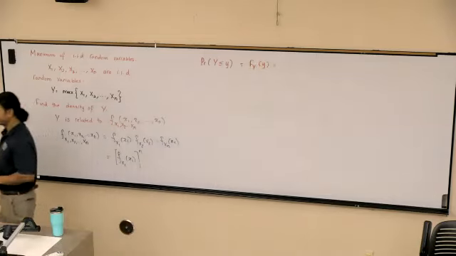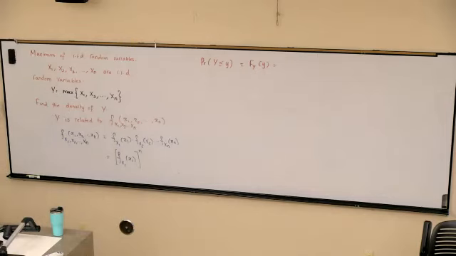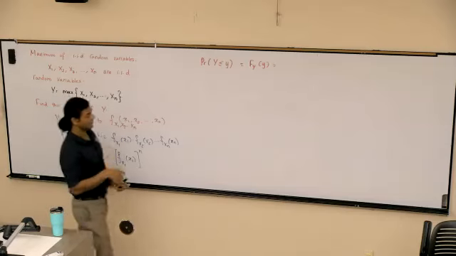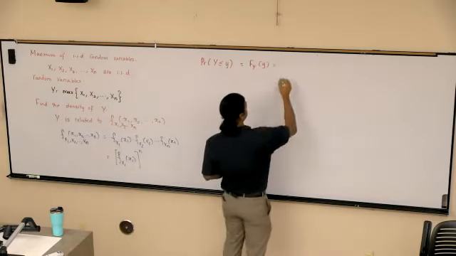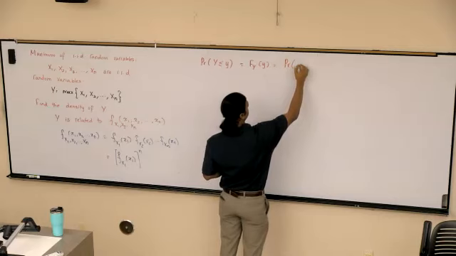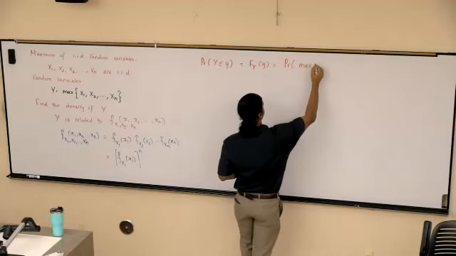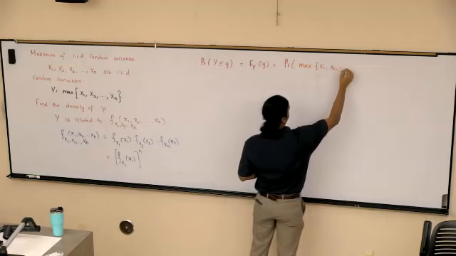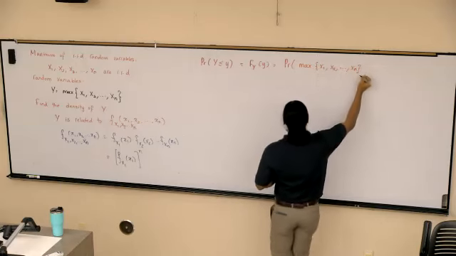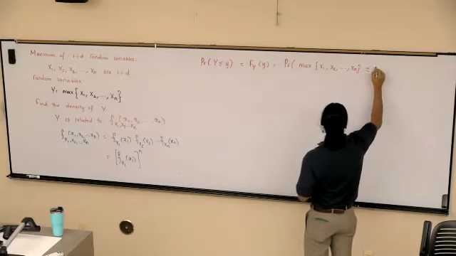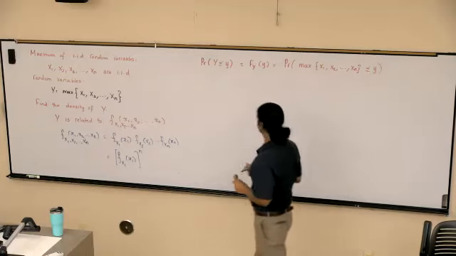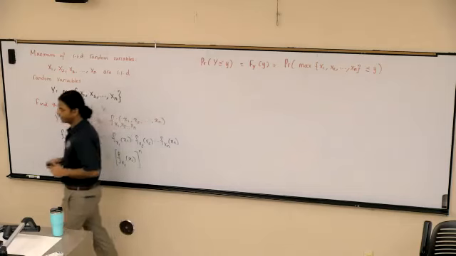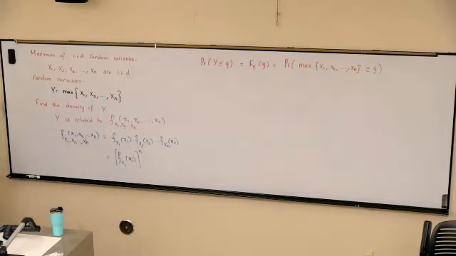So I defined y to be less than or equal to y, uppercase y. That would mean the probability of the maximum of x1, x2, all the way up to xn must be less than or equal to y.